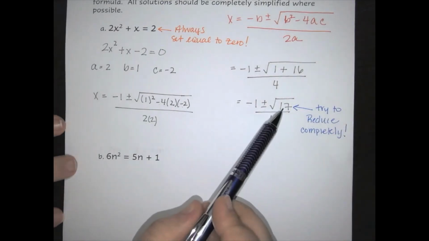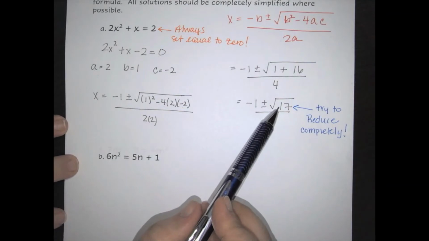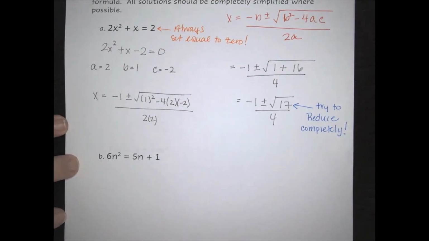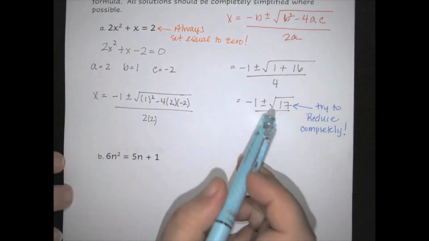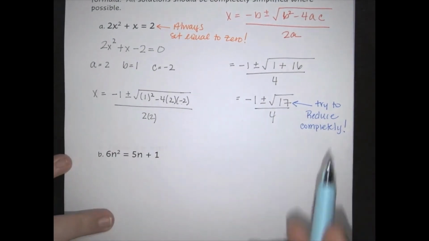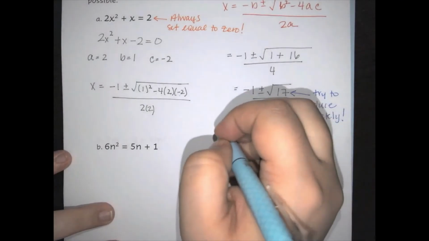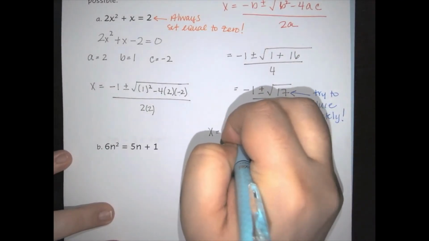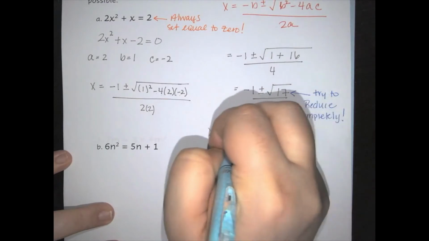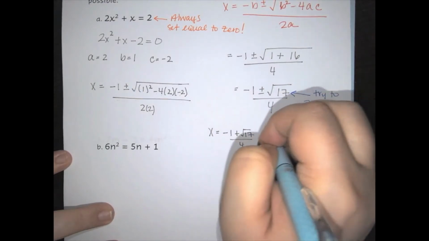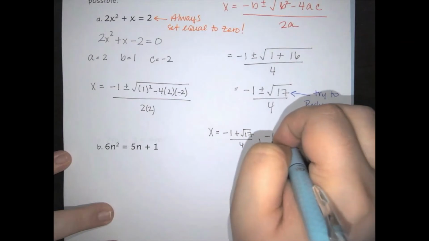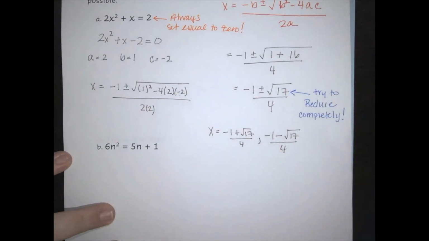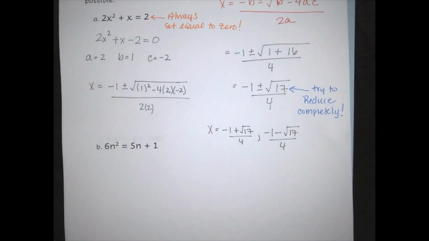Now the square root of 17 already is reduced as far as it can go, meaning there are no perfect squares that I can pull out of that square root of 17. And so since it is reduced completely, your solutions are that x equals negative 1 plus the square root of 17 all over 4 and negative 1 minus the square root of 17 all over 4. And that would be your result.